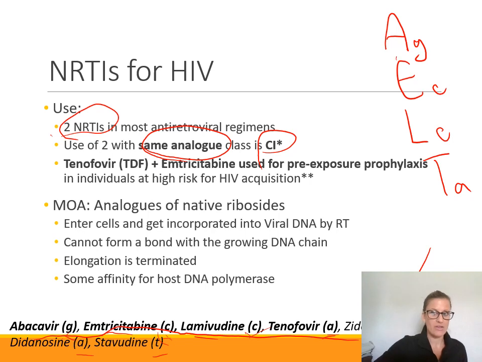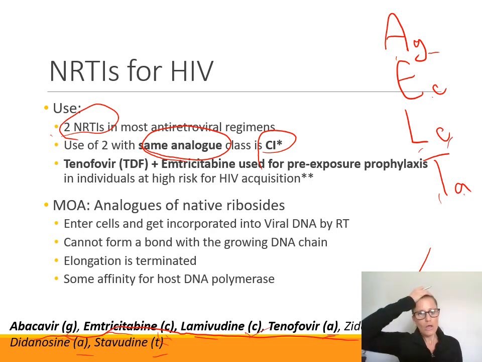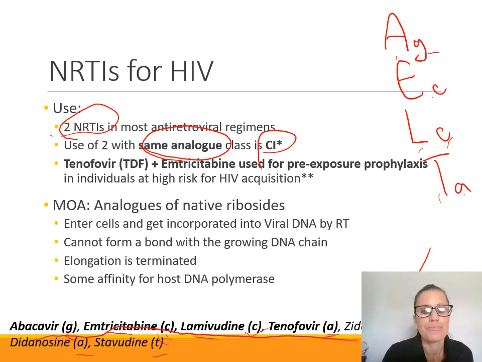Right? Abacavir, G. Emtricitabine, C. Lamivudine, C. Tenofovir, A. Okay? That way you know which is which type of analog, or which analog class. So most antiretroviral regimens will have 2 NRTIs.